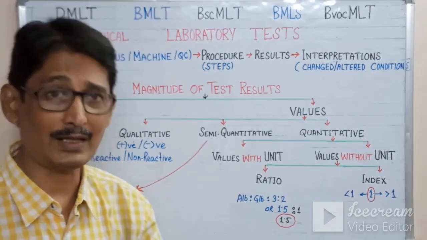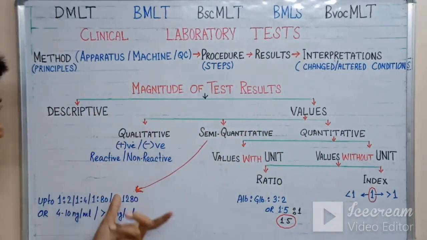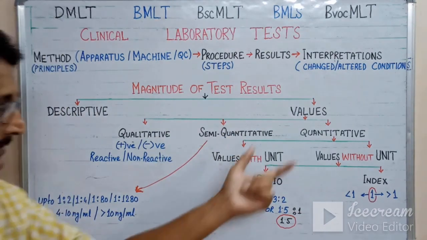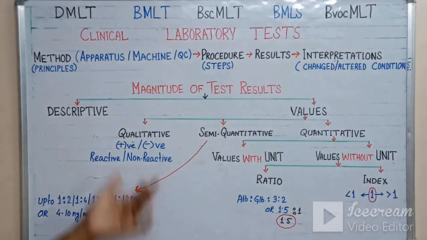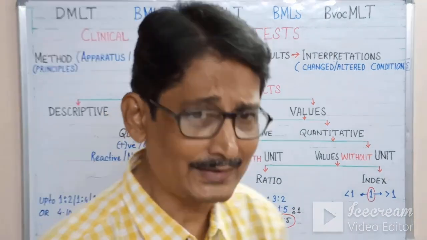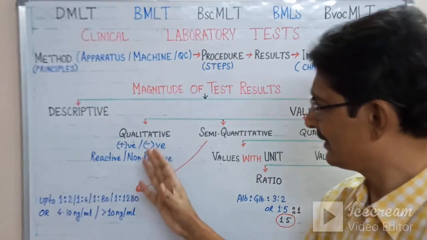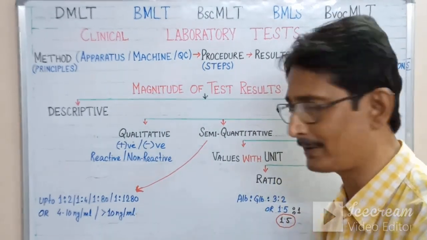Now these values are again divided into three parts. Some tests are qualitative, some are semi-quantitative, and some are definitely quantitative. Now what is qualitative? A qualitative test also has a value, because the result is either positive or negative.